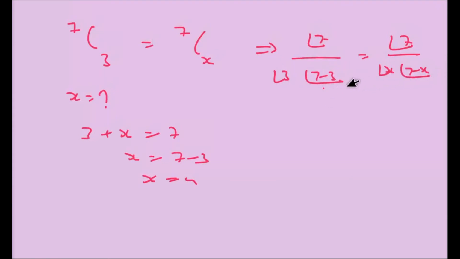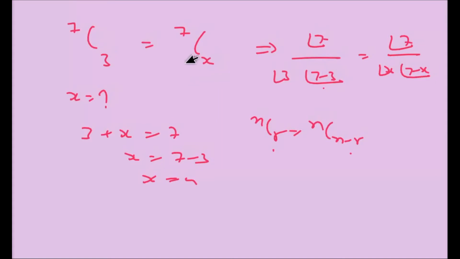We can calculate this using the formula nCr equal to nC(n minus r). So don't do this type of calculation.